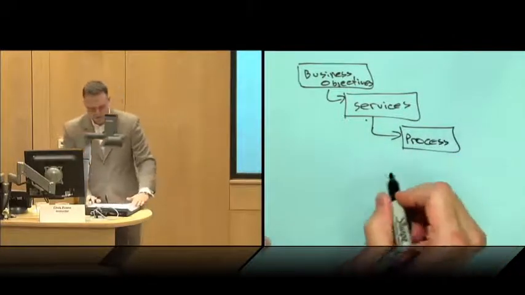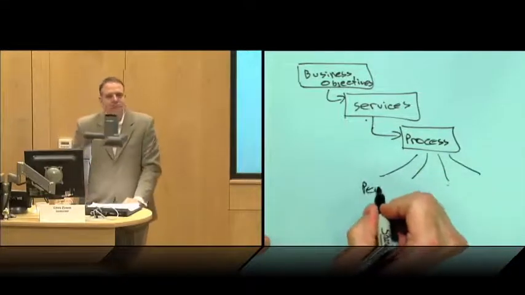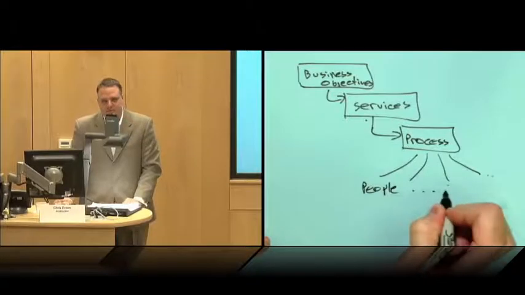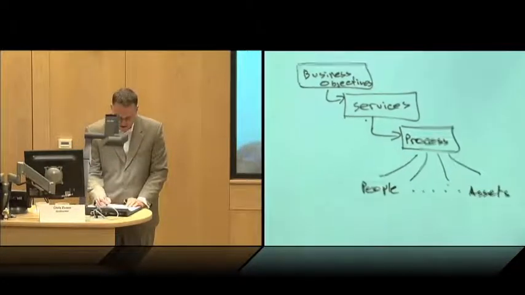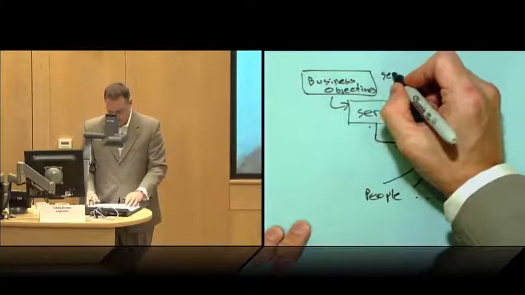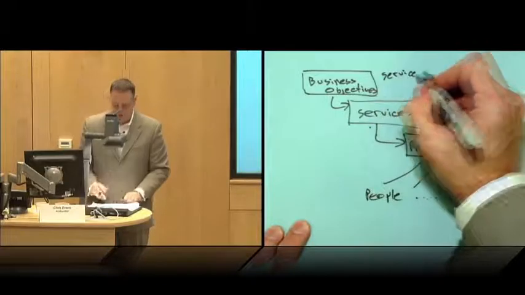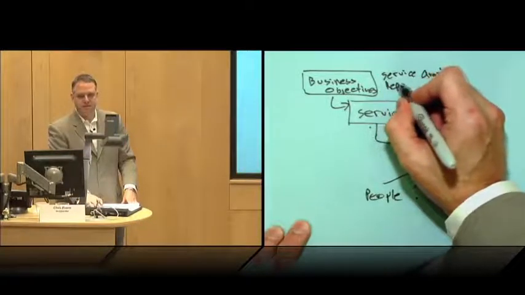So if you look at this completely, you start at the top with an understanding of what your business objectives are, right? The business objectives might be, like we said, service availability, reputation, something like that. So you have services which meet these particular business objectives.